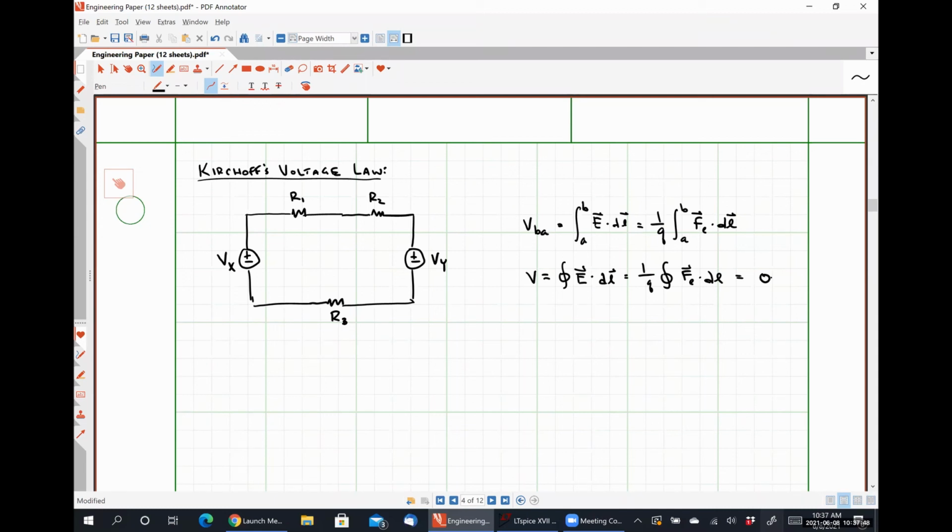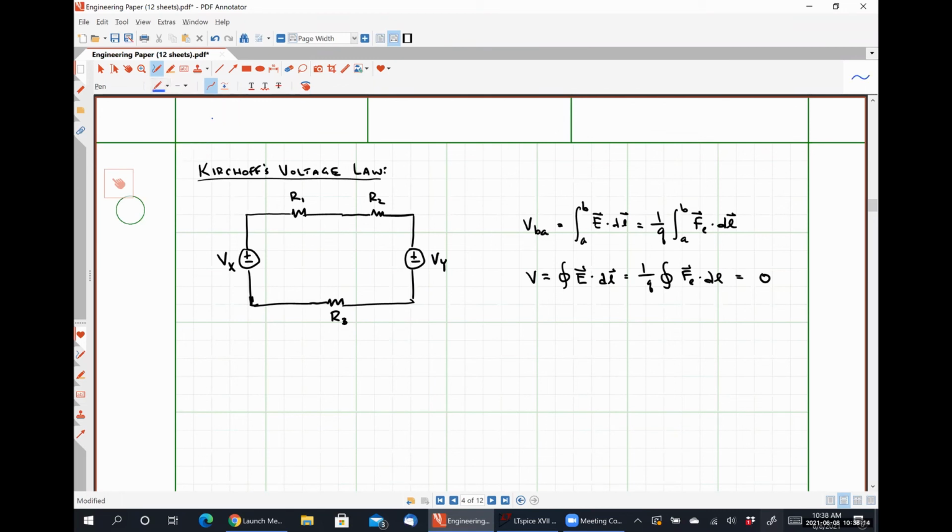Okay. So let me write this in a way that's probably a little bit easier to understand for you guys. I am going to arbitrarily assign voltage drops to my resistors. Okay. So let me explain how I do this.